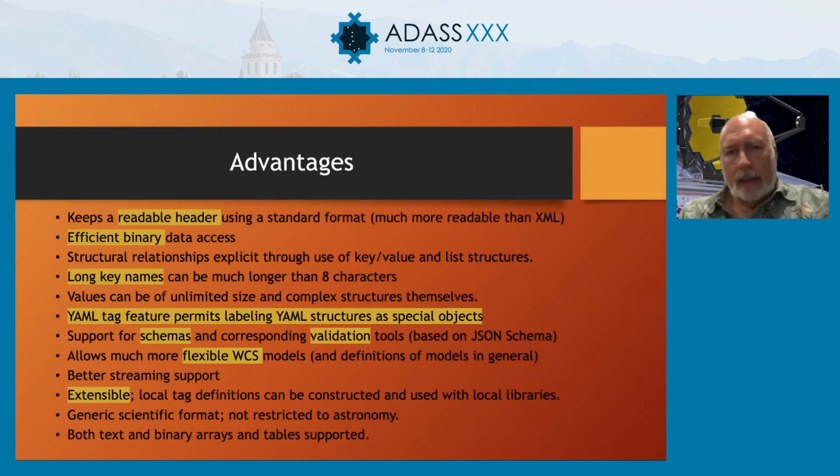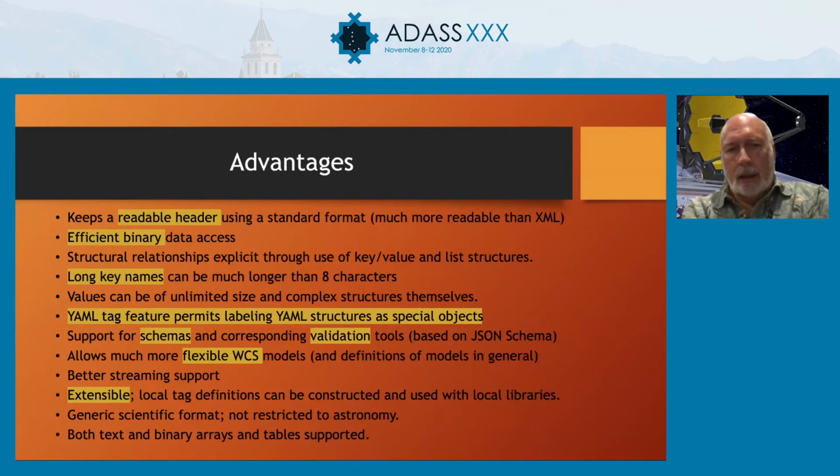So the highlights, I'm not going to read through all these in detail. I've highlighted particular things here that might be of importance. Obviously, one of the things is you're not restricted to the FITS keyword size names or even values. I mean, values can be complex structures, as you saw for arrays.